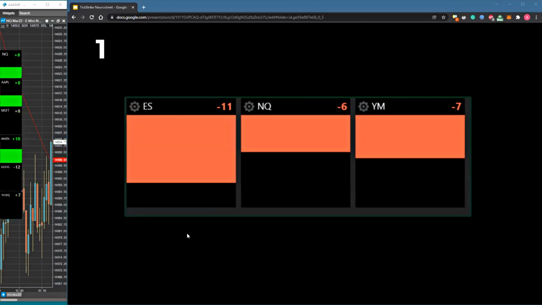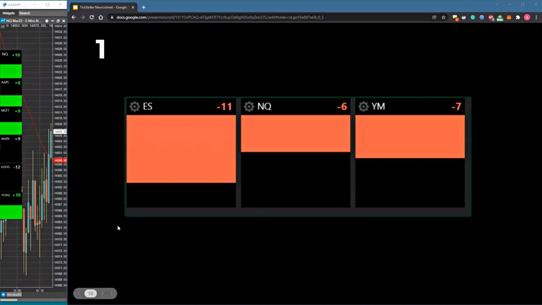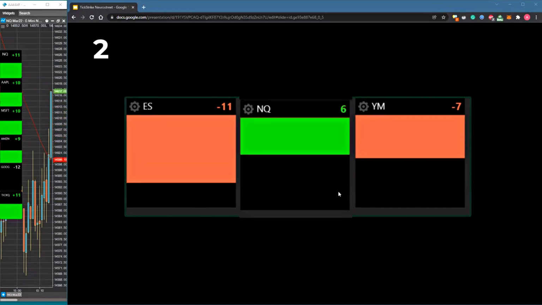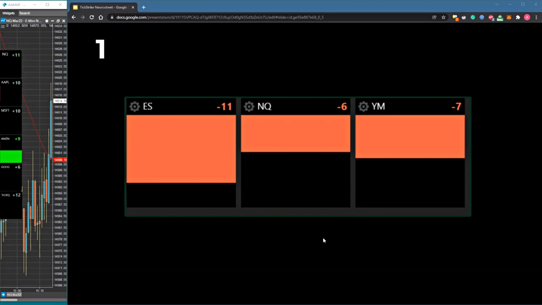So in this example, I'd like you to answer in the text chat, which slide, one or slide two, do you think will have the most momentum behind a move? Slide one, where everything is red, or slide two, where a couple of things are red, but you've got one that's green. Bunch of ones coming through.